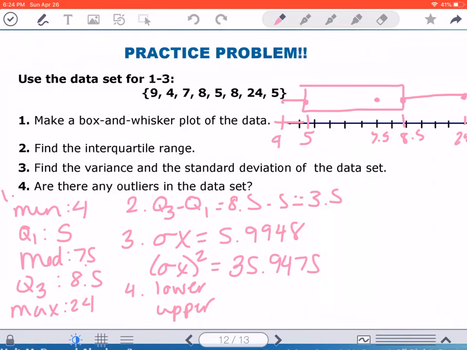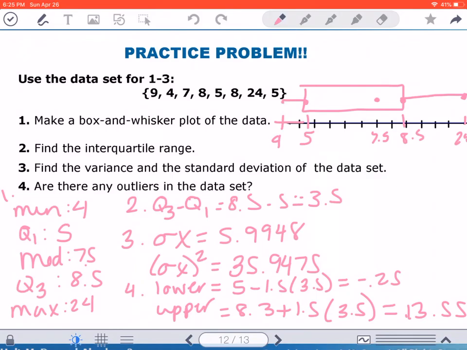So with my lower, I'm going to take my Q1 and subtract off 1.5 times my interquartile range, which is 3.5, and I end up getting negative 0.25. And for my upper, I'm going to take my Q3, which is 8.5, and add to that 1.5 times 3.5, which is my interquartile range once again, and that gives me 13.75.